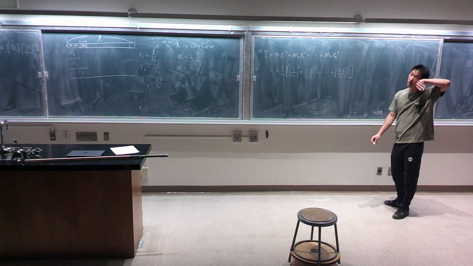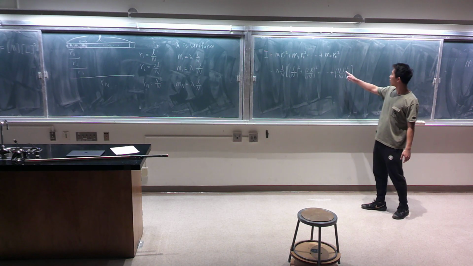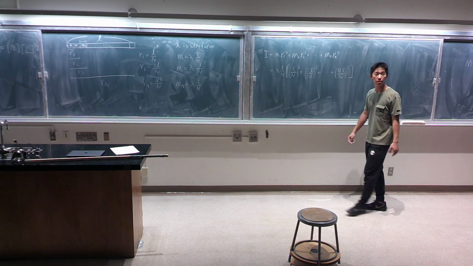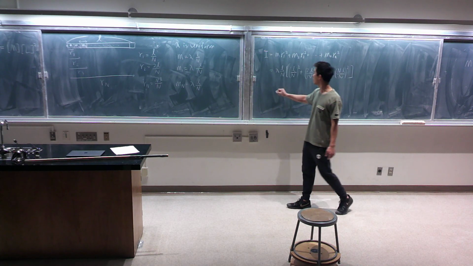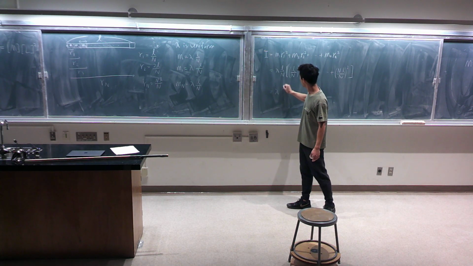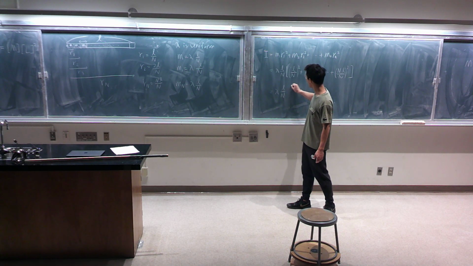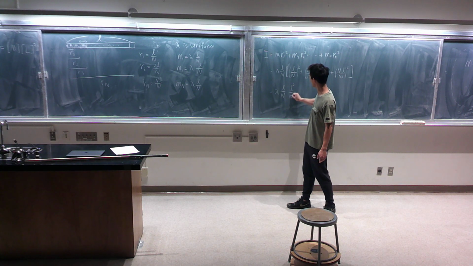Okay? So if you look at all the terms in there, they will have L squared divided by n squared. So I can take them out. They all have L squared divided by n squared.